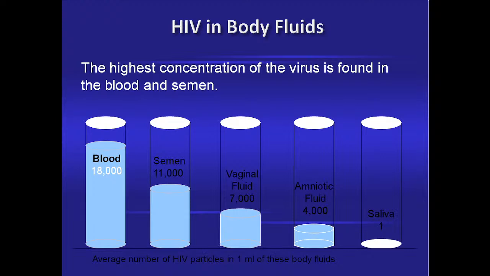For example, a very high concentration in blood, then semen, vaginal fluid, amniotic fluid and saliva. The highest concentration is in blood. What was the main pathway? Parenteral.